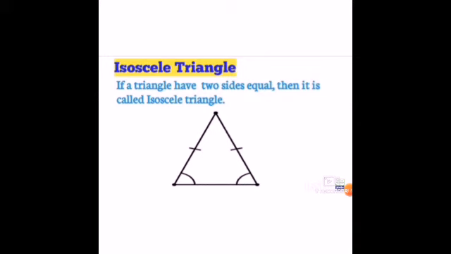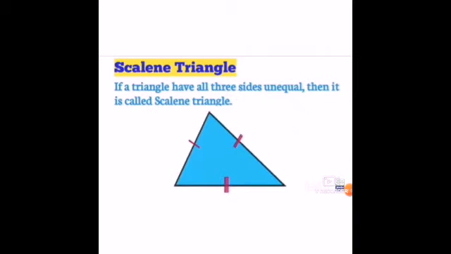Move on to the next. Our next triangle is scalene triangle. If a triangle has all 3 sides unequal, then it is called a scalene triangle. Here you can see all the 3 sides of the triangle are unequal. So it is a scalene triangle.